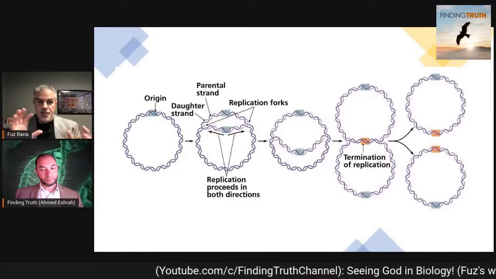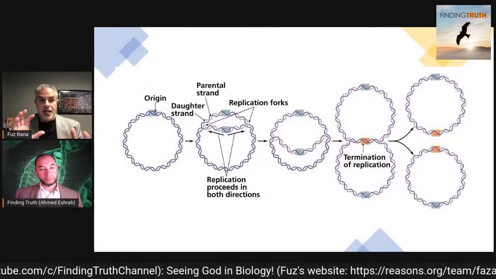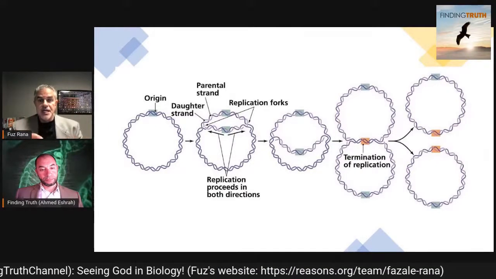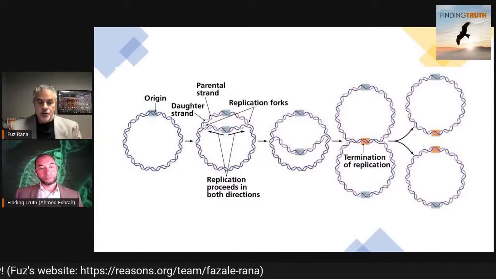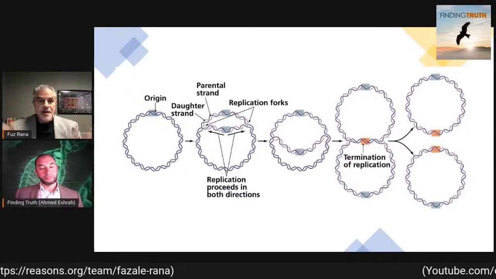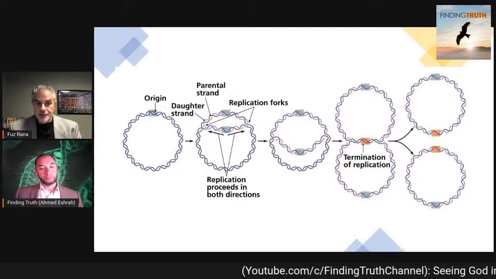So it helps to regulate the timing of when replication happens, and it allows it to proceed in an orderly manner as opposed to a highly disordered manner. So to me, there's very much a logic to it.